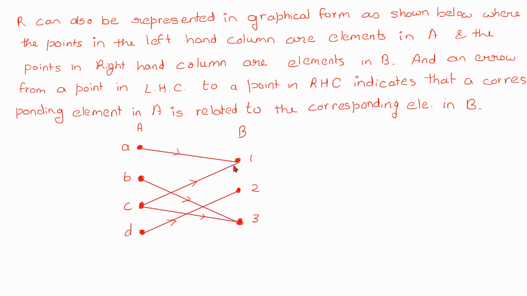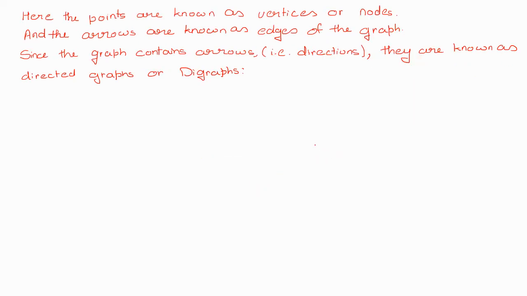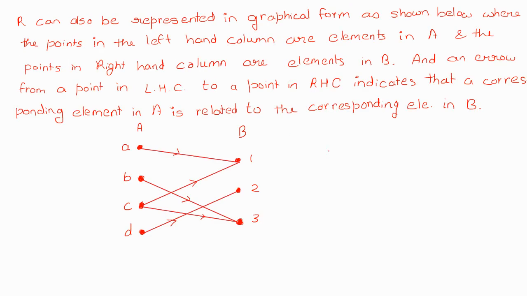Yes, and we have seen that A comma 1 belongs to R. Therefore from this we can find the relation R: A comma 1, then B comma 3, then again C comma 1, then C comma 3, then D comma 2.